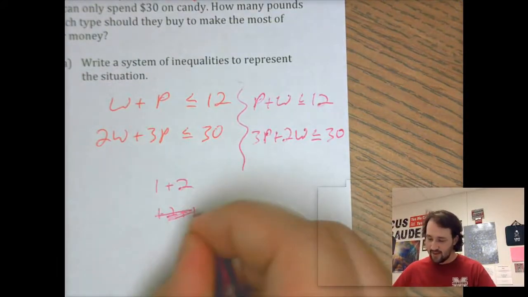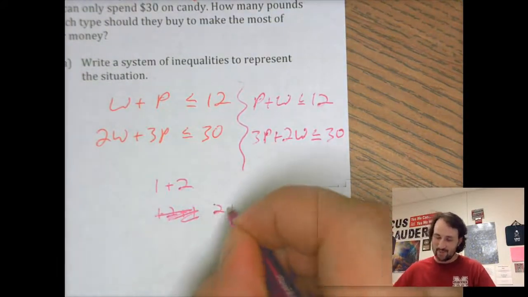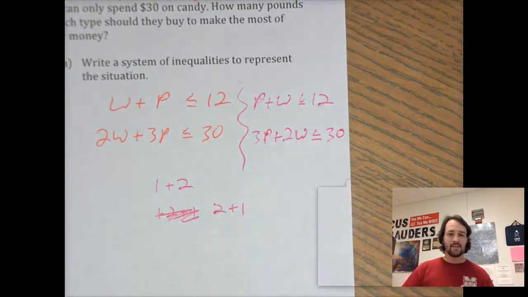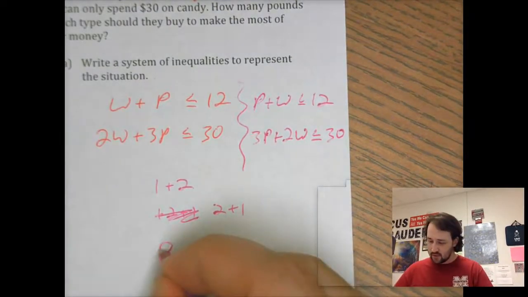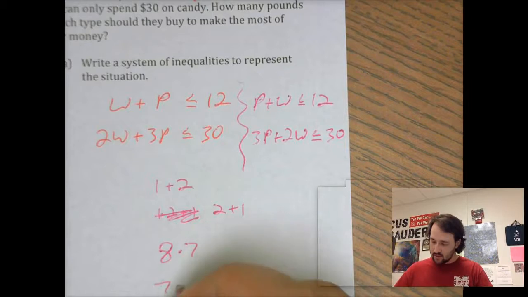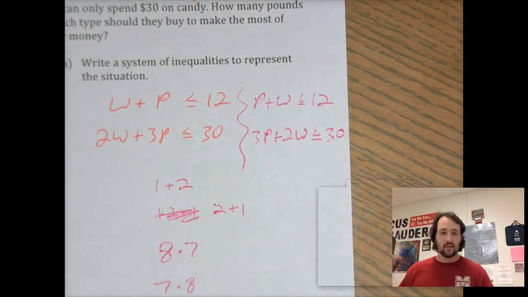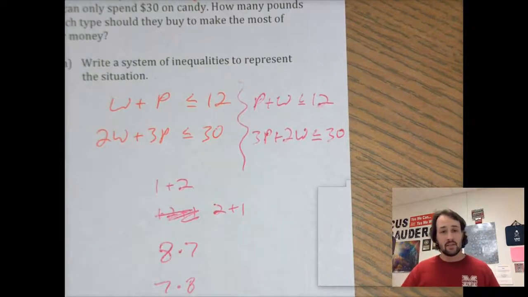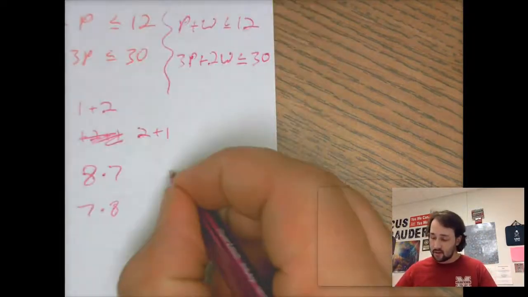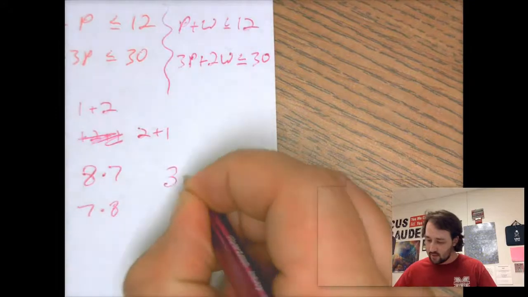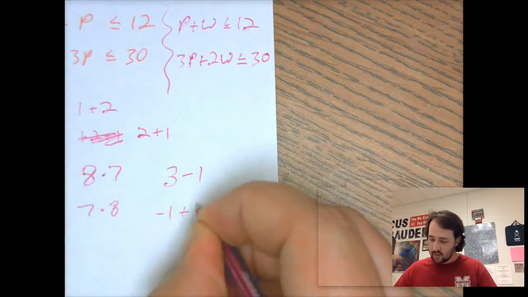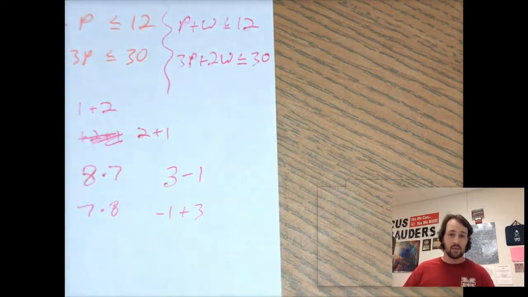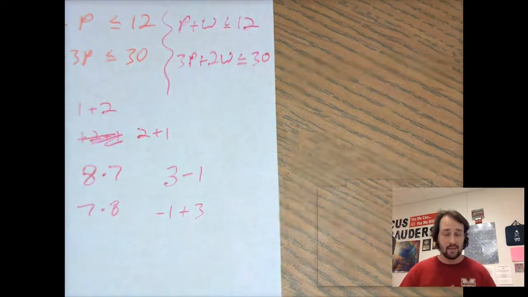Just like 8 times 7 is the same thing as 7 times 8. But pay attention. If I had 3 minus 1, it needs to be the same thing as negative 1 plus 3. I can reorder them, but the sign has to stay with the number that is the negative.